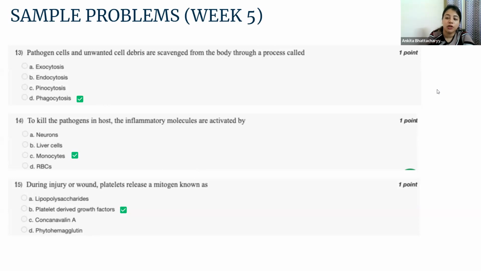Pinocytosis is more specific for liquids, but phagocytosis and exocytosis are different. Technically you can say that they are doing a similar function, but no. Exocytosis is the process of simply sending something out of the cell, sending something to the plasma membrane, to the cell exterior, to another cell. That's how it works.